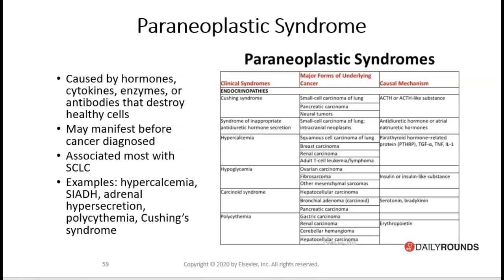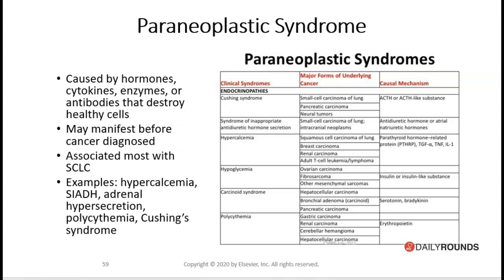And sometimes these paraneoplastic syndromes show up long before the cancer does. So basically, I think it's just important to know that Cushing syndrome can be a result of these lung cancers.